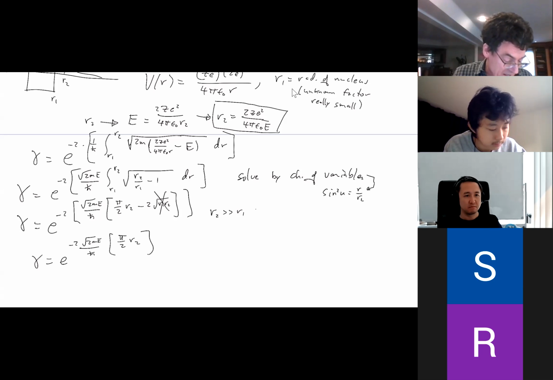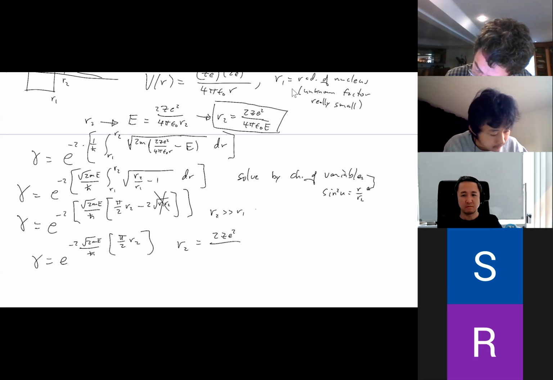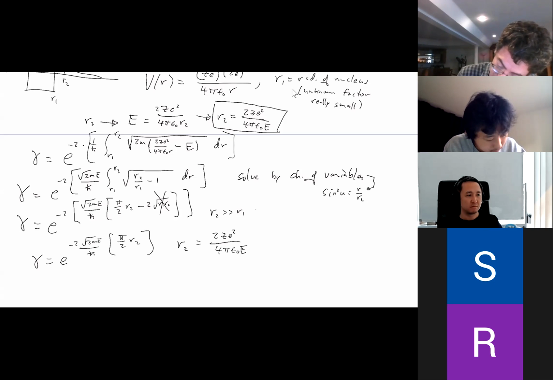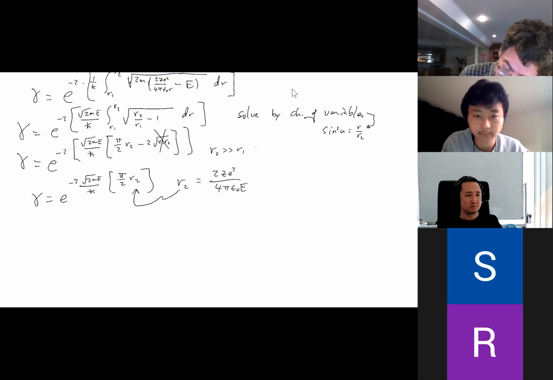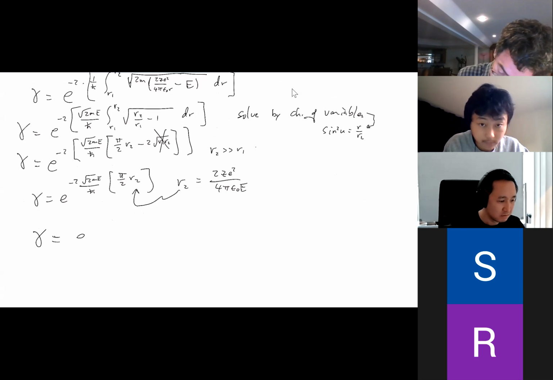Okay, and then we use the fact that R2 is equal to 2Ze squared over 4 pi epsilon naught E, and you plug that in.